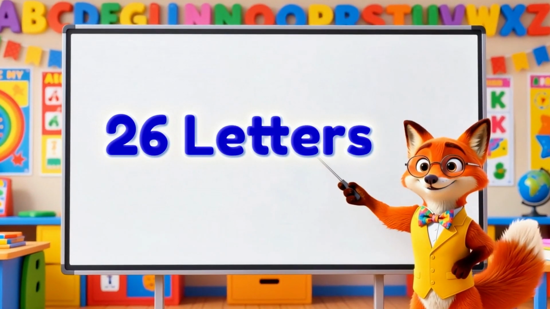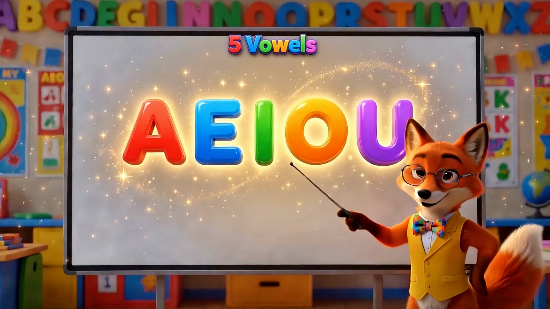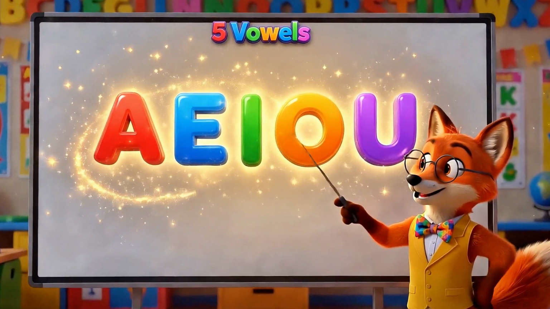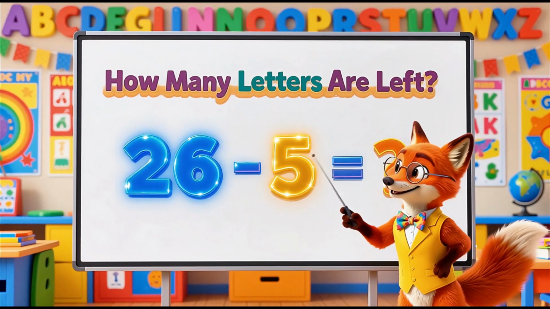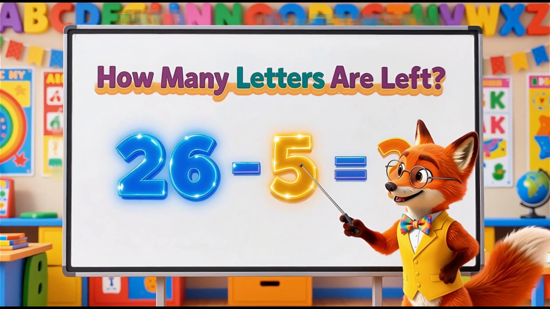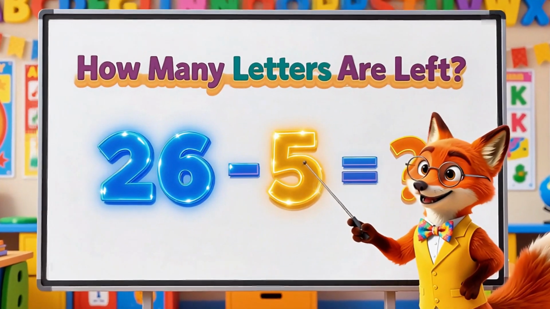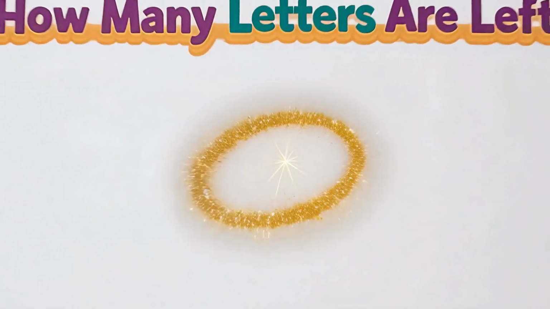Now remember, we have 26 letters in total. We already found 5 vowels. So how many letters are left? Let's count. 26 minus 5 equals 21.